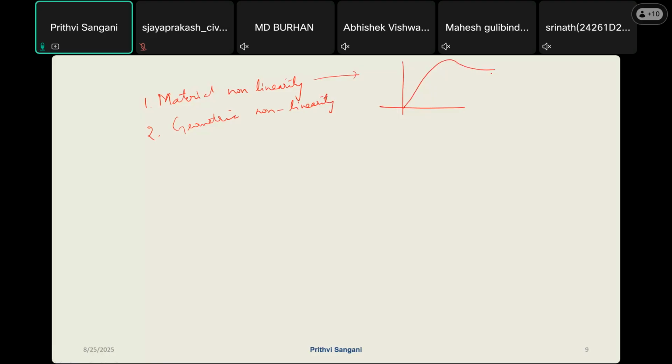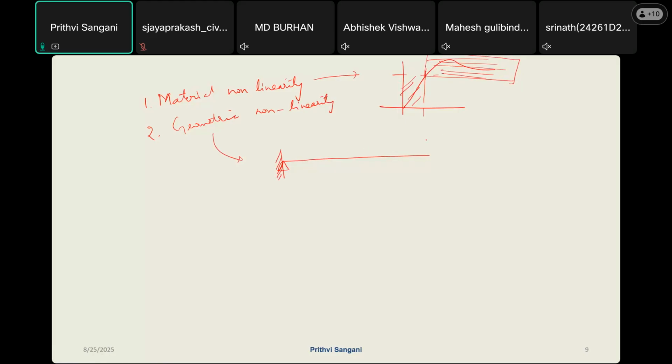stress-strain behavior. Let us say in some analysis you are only considering this portion, but what about this portion? This portion is being ignored in some analysis. So what does geometric non-linearity mean? Geometric non-linearity has several things, but I'll only discuss one basic thing.